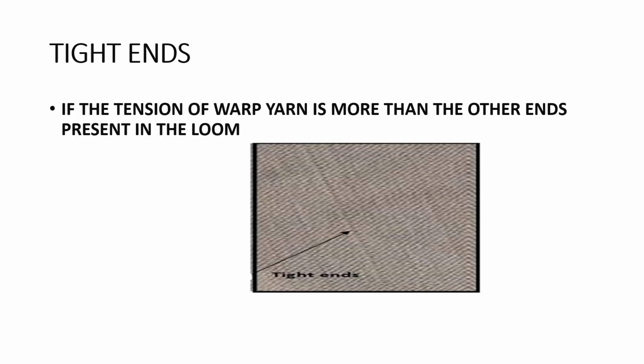So tension of the warp yarn causes this kind of defect, called tight ends, and it is generated in the weaving loom. I hope students you have understood from this image how these tight ends have an effect on our visual observation.